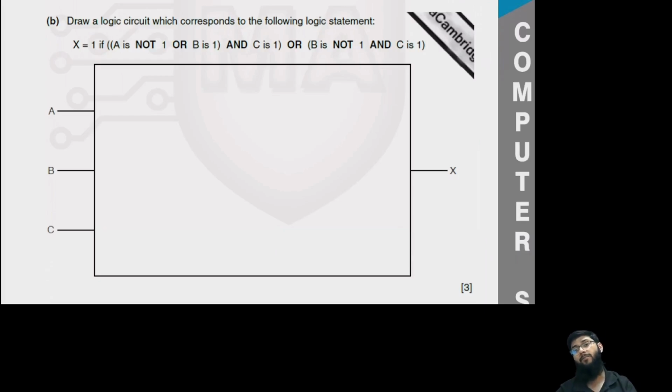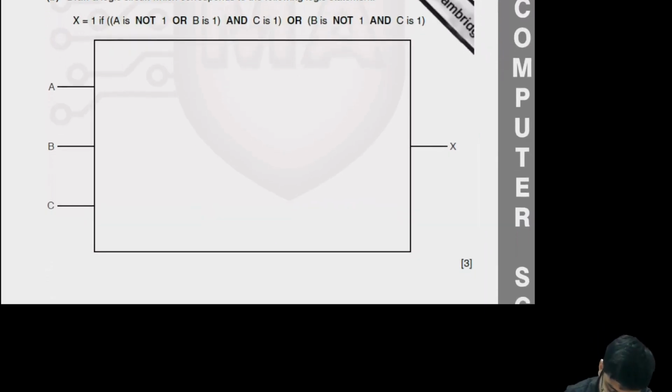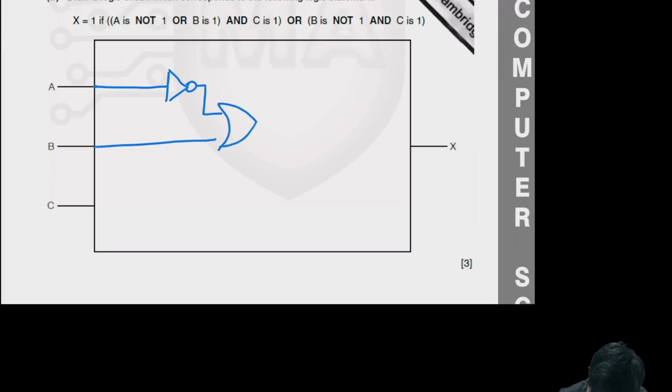If I need to convert that 1 into a 0, I place a NOT gate over it. So, A is not 1, it is going to OR with B. We are done from here till here. Now it says AND with C is 1, so we need an AND gate right over here.